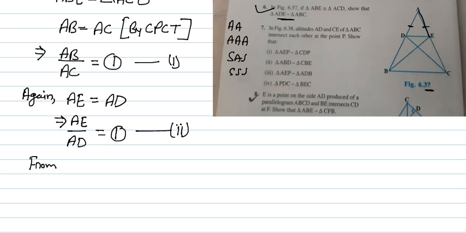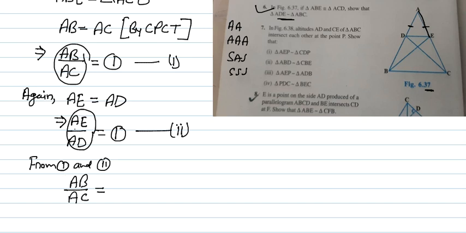So from equation first and second, this value is equal to 1 and this is also equal to 1. So you can say AB upon AC is equal to AE upon AD.